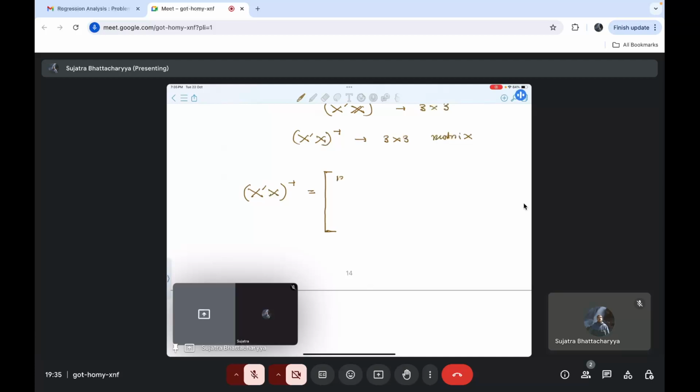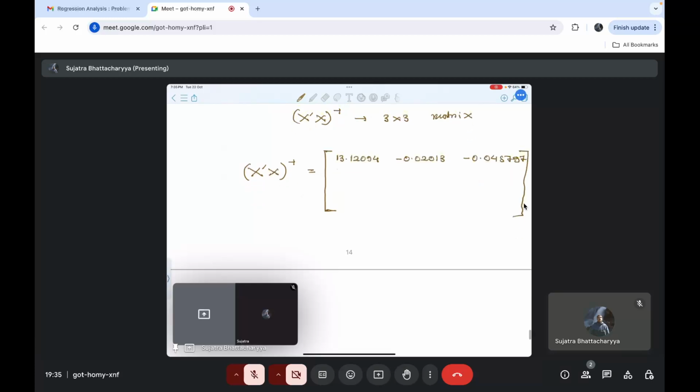So, 13.12094, minus 0.02013, minus 0.045797. Minus 0.02013, minus 0.045797.